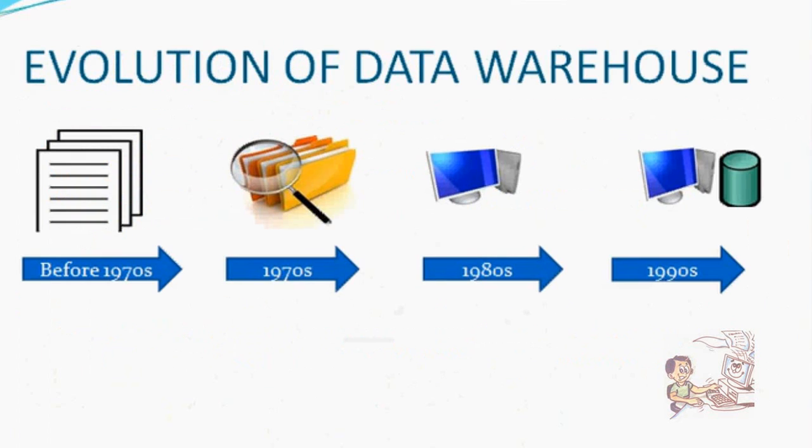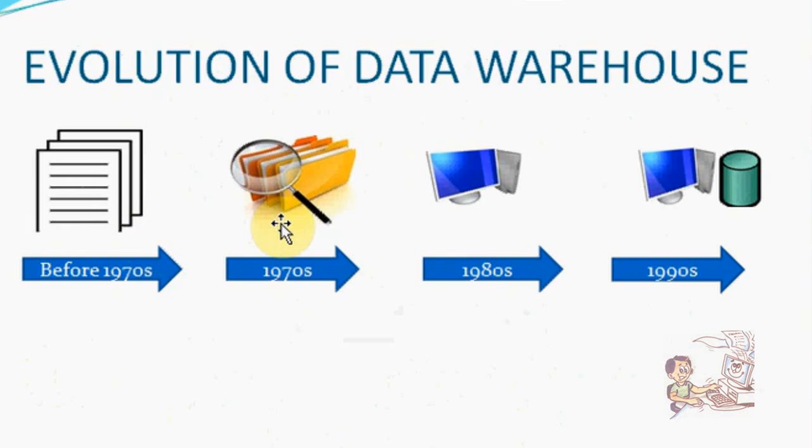So next is the evolution of data warehouse. These are the different stages. Finally we got data warehouse concepts in the 1990s. Before the 1970s they used papers, and in the 70s they also used folders and files, but everything we needed to write on paper.